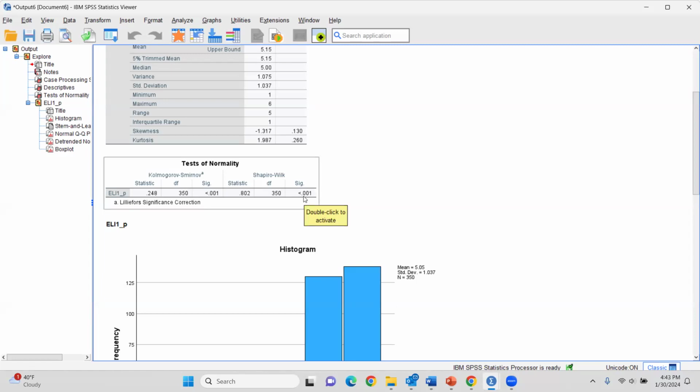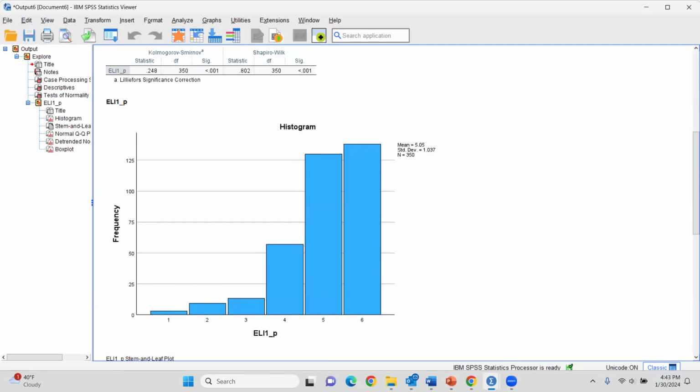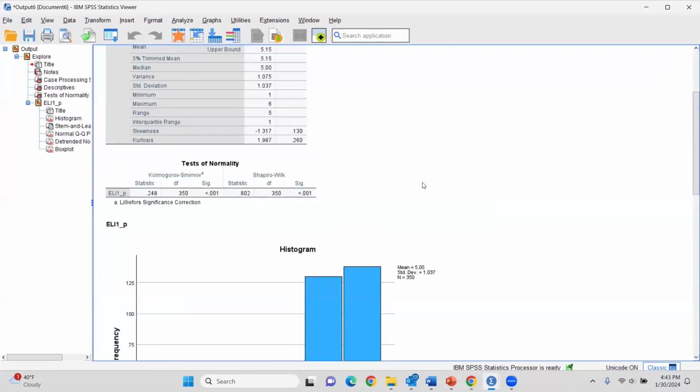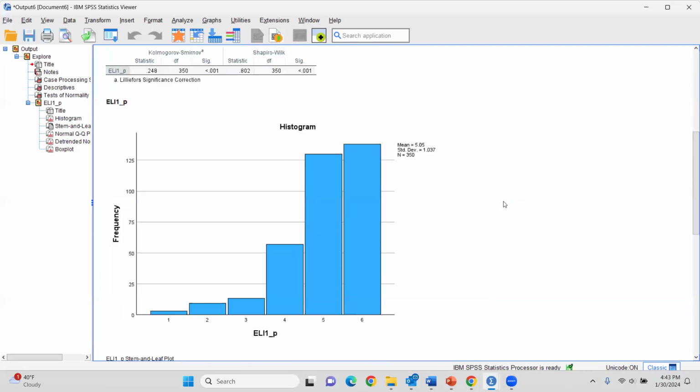What that's doing is telling us that we can reject the null hypothesis, with the null hypothesis being that there is a normal distribution. So we're basically saying this is non-normally distributed data. And you can tell, it's heavily skewed to the left, and so it's non-normally distributed. Now, that's a key, the Shapiro-Wilks test, that's important. We want to know that one.